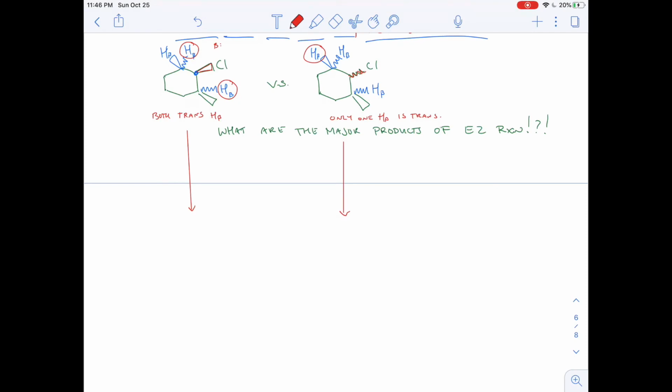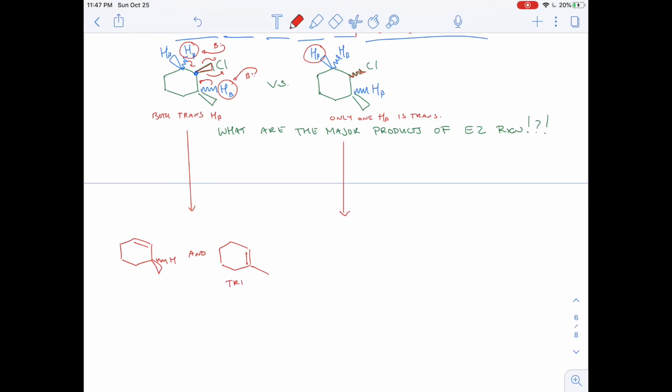And why is this so interesting and important to point out? Well, now that we know about stability of alkenes, we can see that at least on the second product, what we're going to get is the least substituted alkene. So let's draw these products out right here.